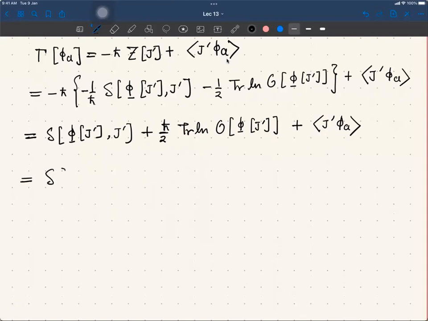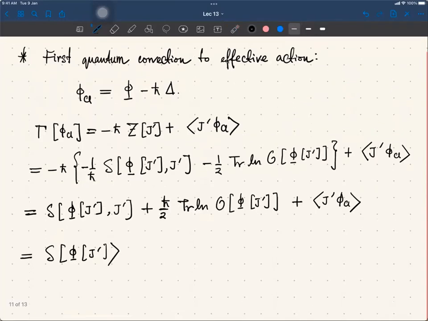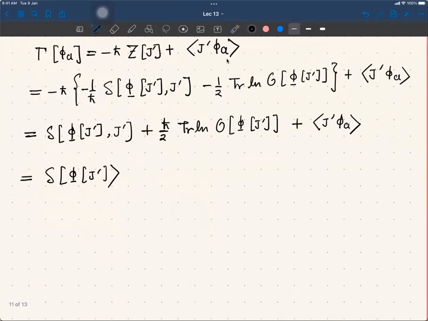Now I write it in terms of the action, and the explicit J prime dependence is minus phi J prime. So that will give you J prime times phi CL minus phi, and phi CL minus phi is minus h bar delta. So that will be minus h bar J prime times delta plus h bar by 2 trace log O.